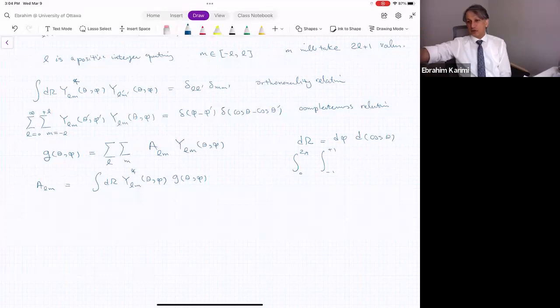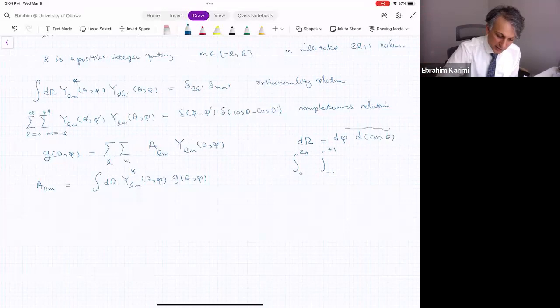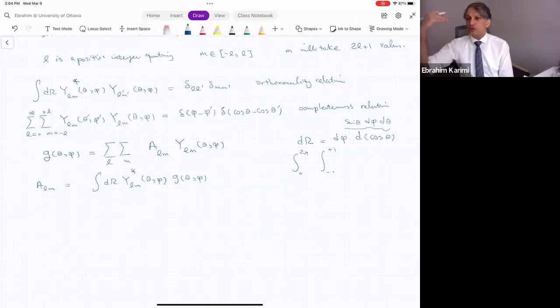Because when theta is equal to 0, cosine of 0 will be 1, and when theta is equal to pi, cosine of pi will be equal to -1. So the interval is changing from -1 to +1. If you decide to expand this in terms of sine of theta d phi d theta, then the interval will be from 0 to 2 pi and 0 to pi. Remember that that relationship is important.